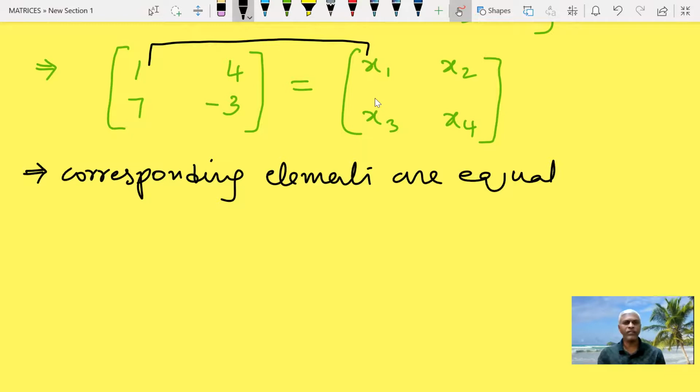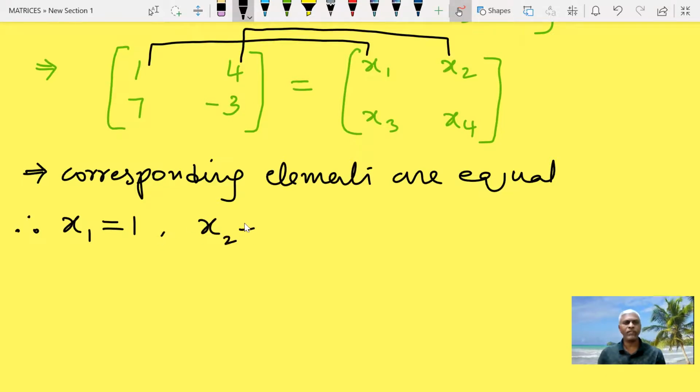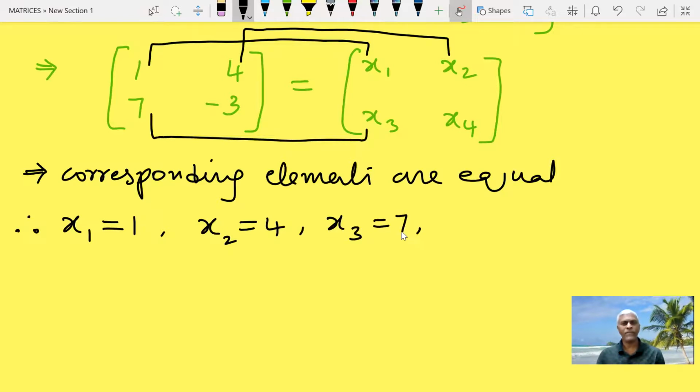So 1 is equal to x1, or x1 is equal to 1. And 4 corresponds to x2, so x2 is equal to 4. 7 corresponds to x3, or x3 is equal to 7.